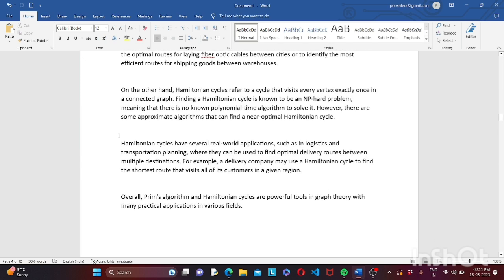Hamiltonian cycles have several real-world applications, such as in logistics and transportation planning, where they can be used to find optimal delivery routes between multiple destinations. For example, a delivery company may use a Hamiltonian cycle to find the shortest route that visits all of its customers in a given region.